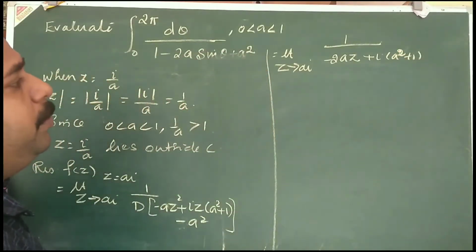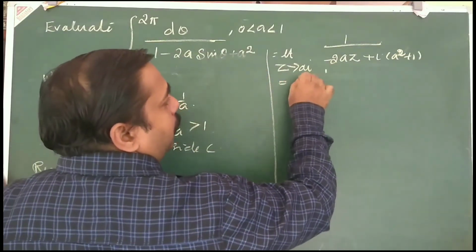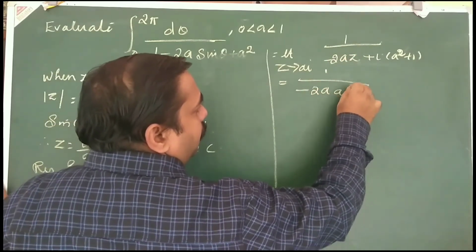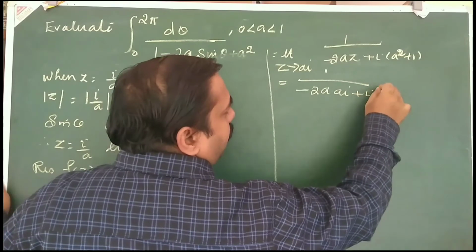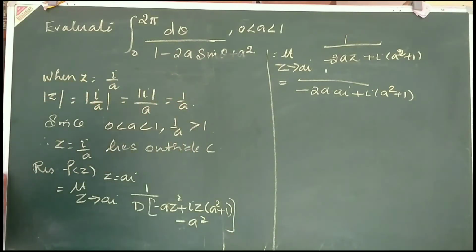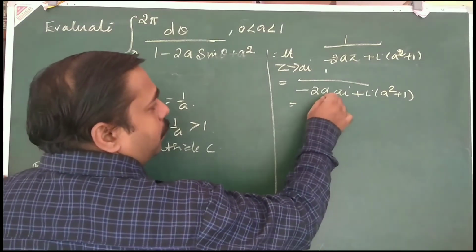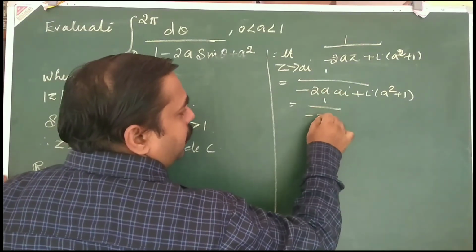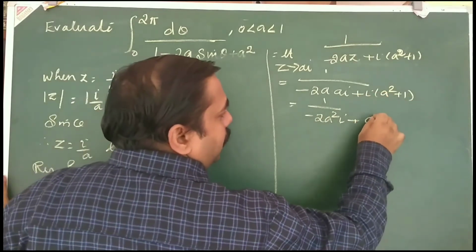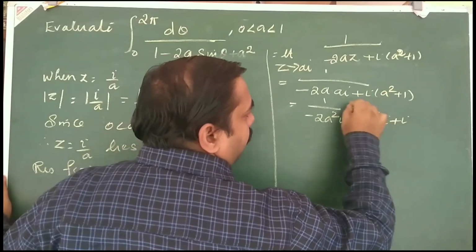Now we can apply the limit for z, so that is equal to 1 by (−2a(ai) + i(a² + 1)). Here no z term, so we don't need to put the value. So that is equal to 1 by (−2a²i + i(a² + 1)).